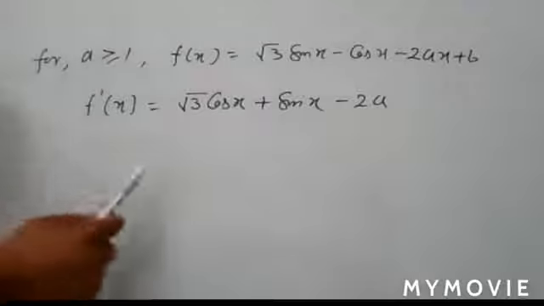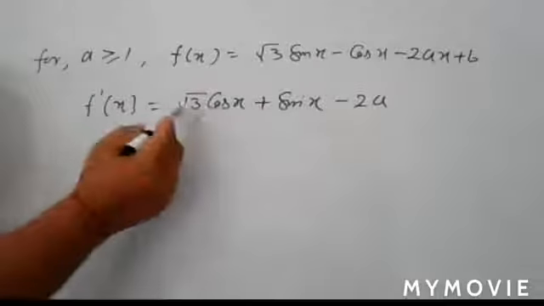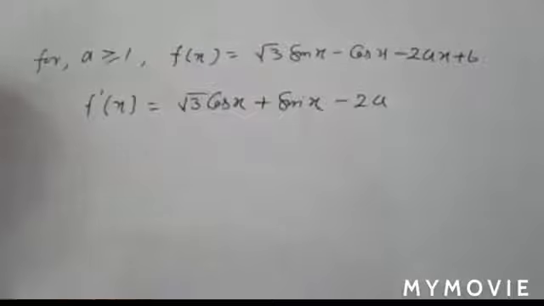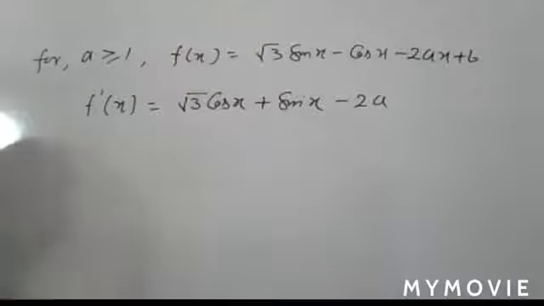So what you do, actually here your equation is given in a form of a cos x plus b sin x, or a sin x plus b cos x. Understand? So what you do, you have to reduce this term in a single term of sin or cos.